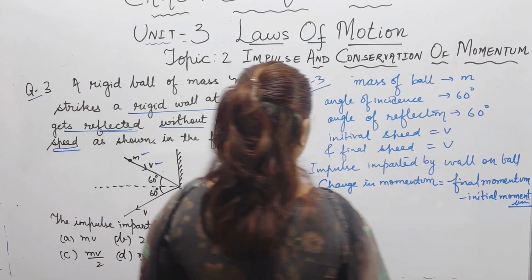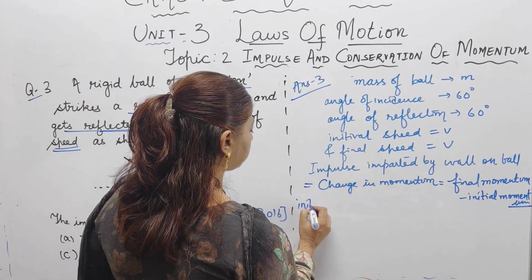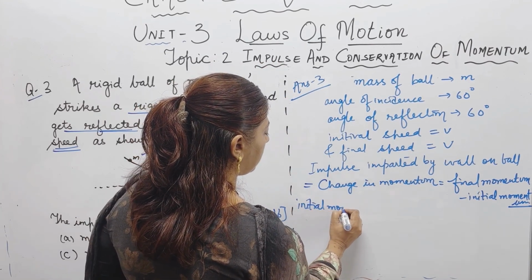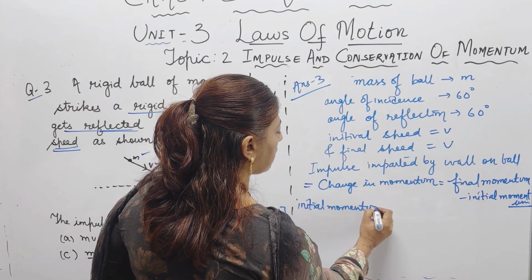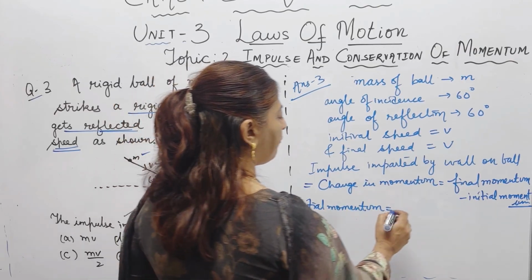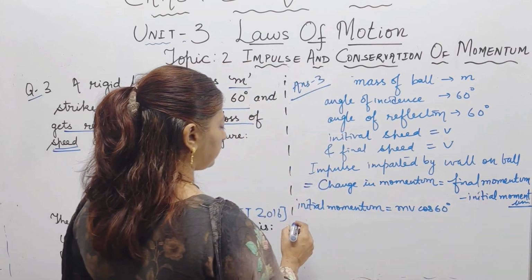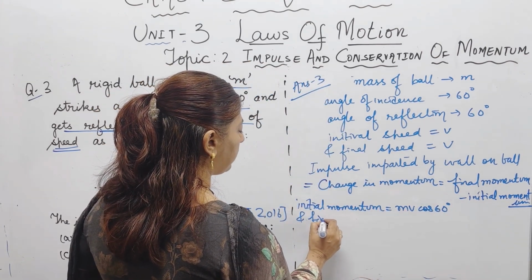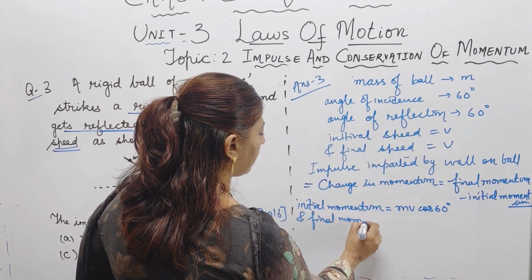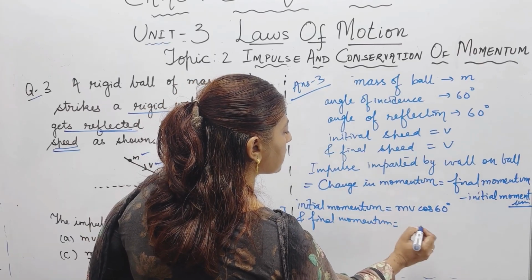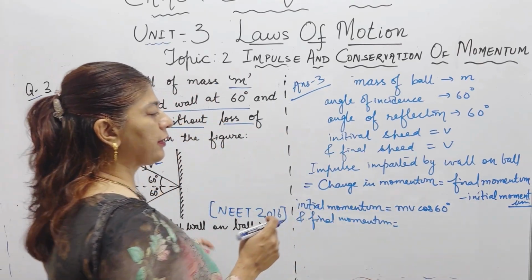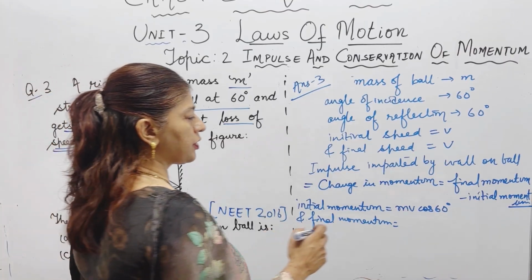Now, initial momentum is mv cos 60 degree, and final momentum, mass remains the same, velocity there is no change, but there is change in direction.